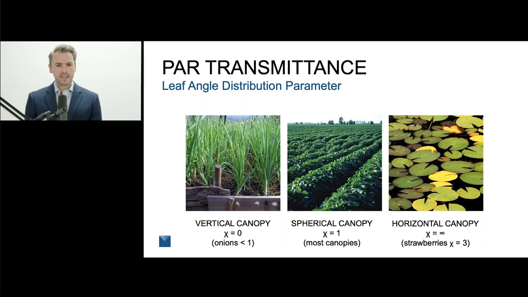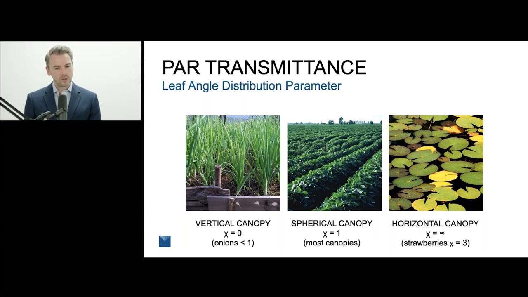So this one takes a little bit more explanation to understand how we get from leaf angles down to one value that goes from 0 to infinity. As you can see, the vertical canopy below says chi value of 0 and the horizontal canopy says chi value of infinity. So what does that mean?